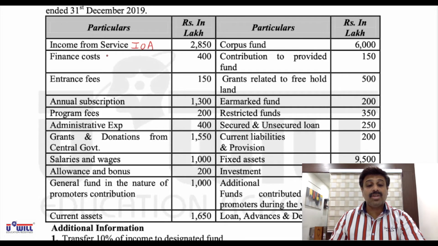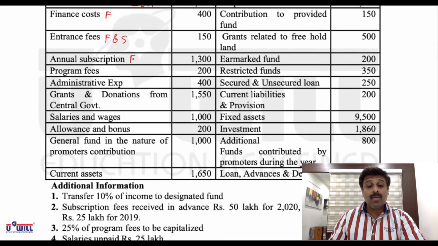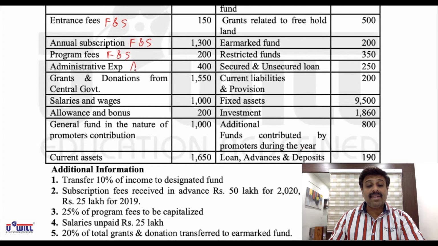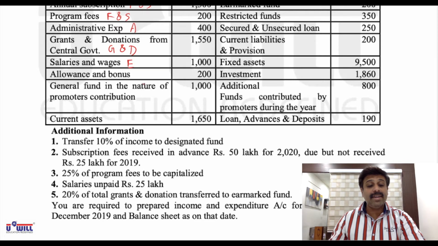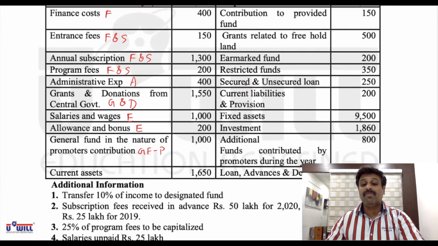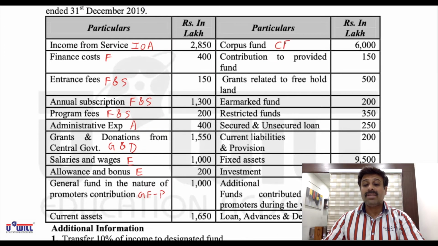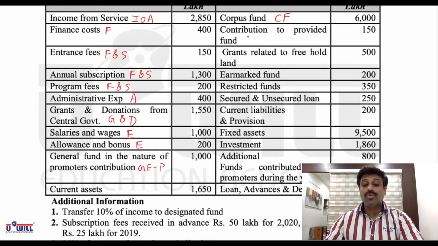Then finance cost F, entrance fees, annual subscription and program fees F&S, administrative expense A, grants and donations from central government G&D, salaries and wages, allowances and bonus employees benefit E, general fund in the nature of promoters contribution, so GF-P. Corpus fund CF, contribution to provident fund, employees benefit expense.